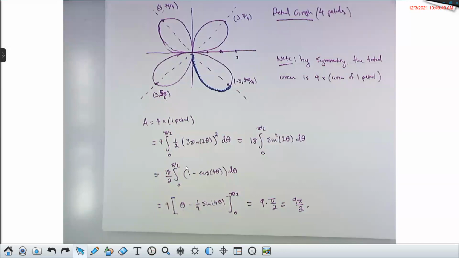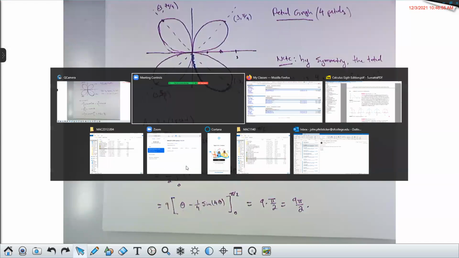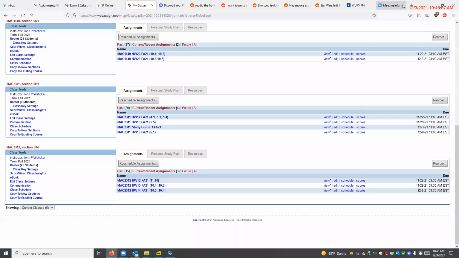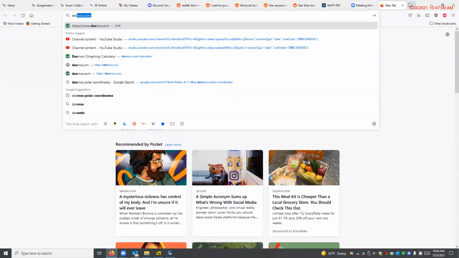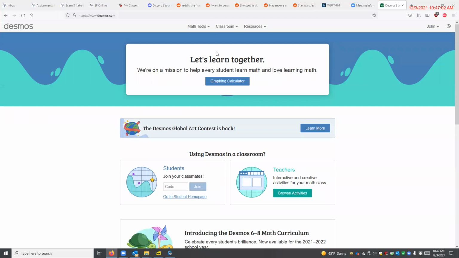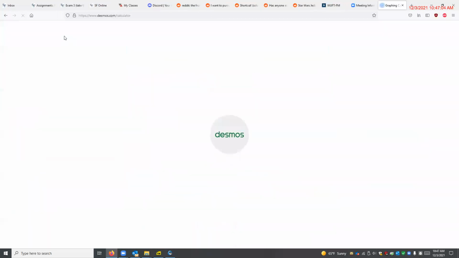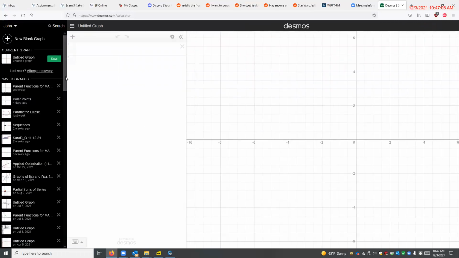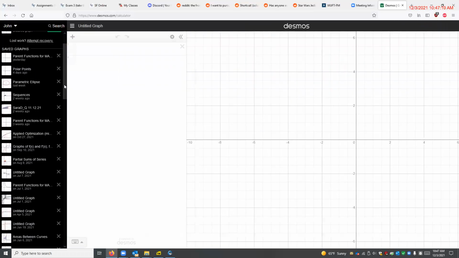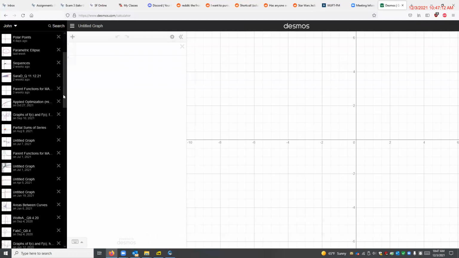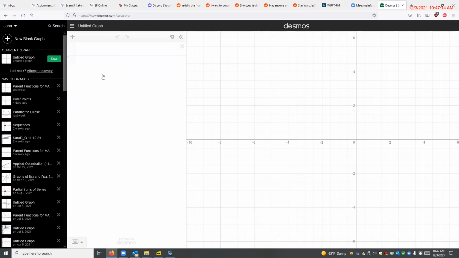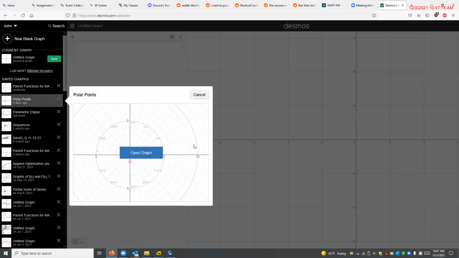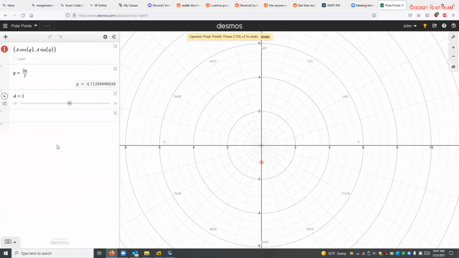So, graphing in polar coordinates. It's fun stuff. I want to invite you guys to play around in that Desmos environment that I sent out last time. There are a lot of polar graphs that we don't have time to look at here together. If you're just getting used to polar points for the first time, definitely play with this.